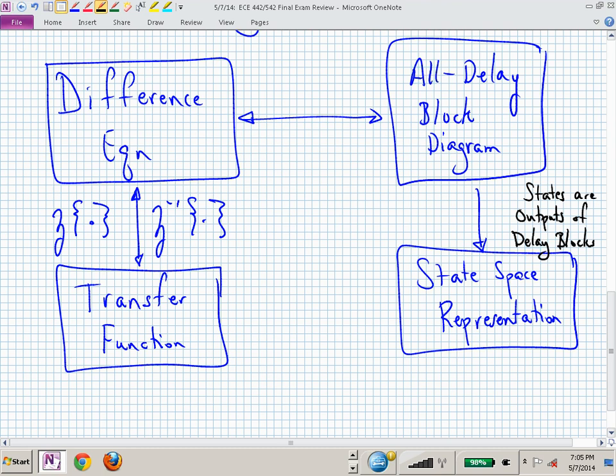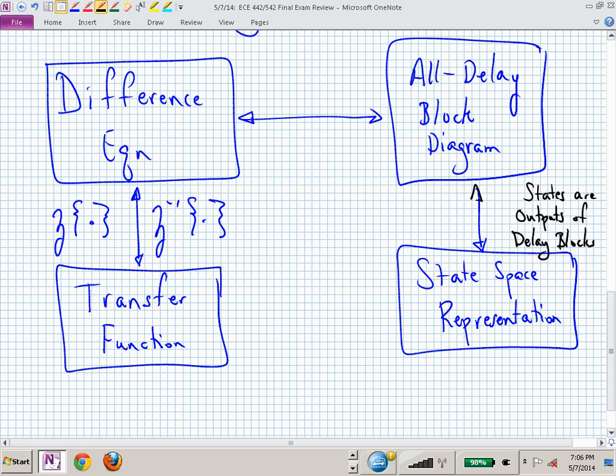And you should be able to go the other way. If I give you a state space representation, I hope you can draw the block diagram for that. Now you just need to put together a bunch of delays. How many delays will you need? Depends on how big your state vector is, doesn't it?